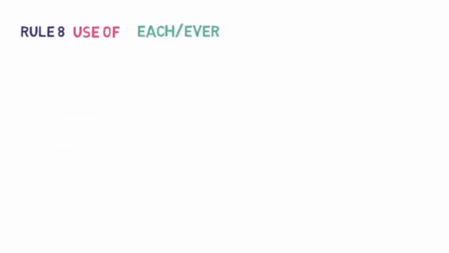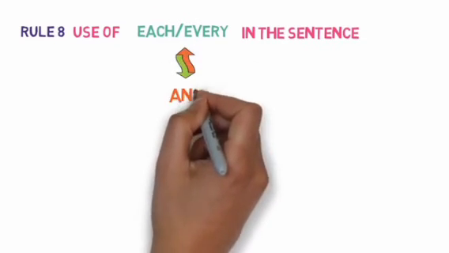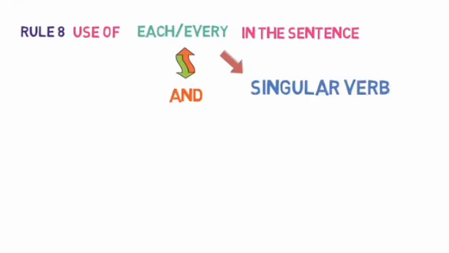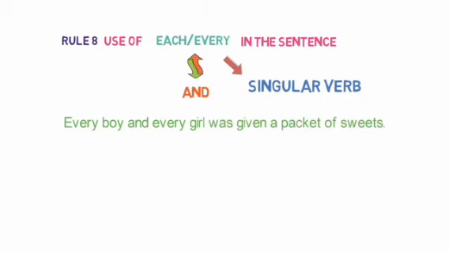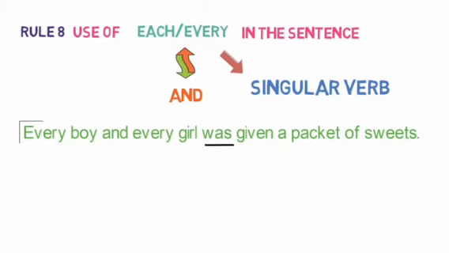The next rule is the use of each or every in the sentence. When you use each and every, for instance, in a sentence, you should take a singular verb. Every boy and every girl was given a packet of sweets. Every goes with the verb was. It's a singular verb.